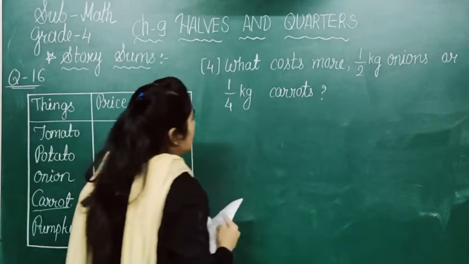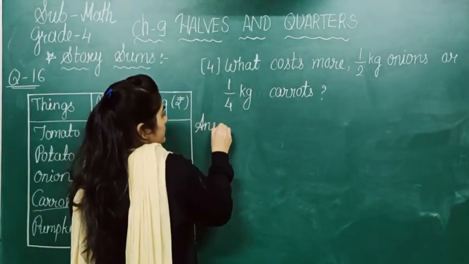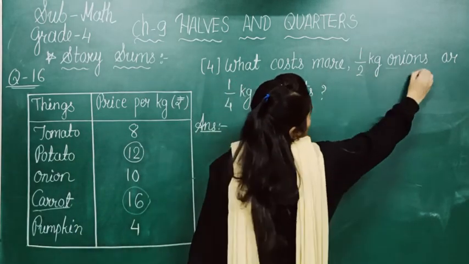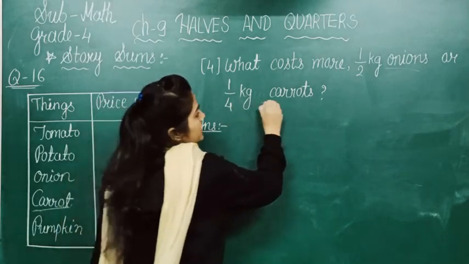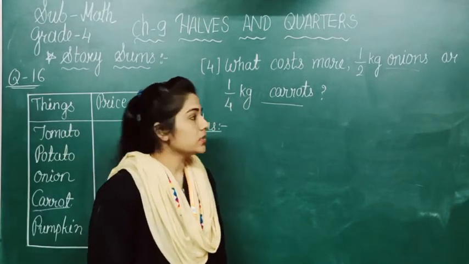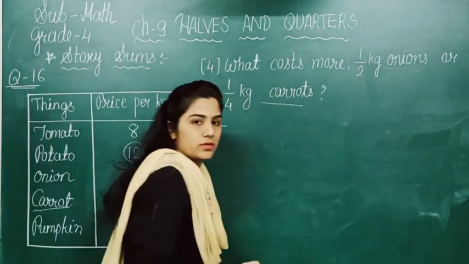This is a little bit different question for you. How? What costs more, 1/2 kg onions or 1/4 kg carrots? Two things together are given in this question. First of all we need to find the price of 1/2 kg onion, right?